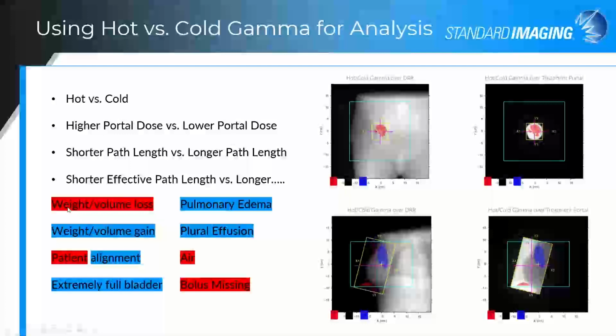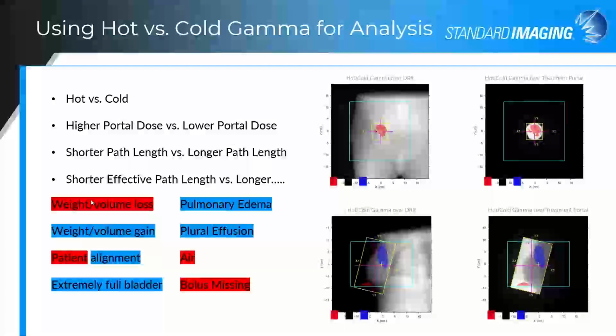So if we have a weight or volume loss, we're going to expect to see a red. So in this particular case, is there something here? Has this patient lost weight? Is there potentially something in the way that the path length of the beam is now shorter?